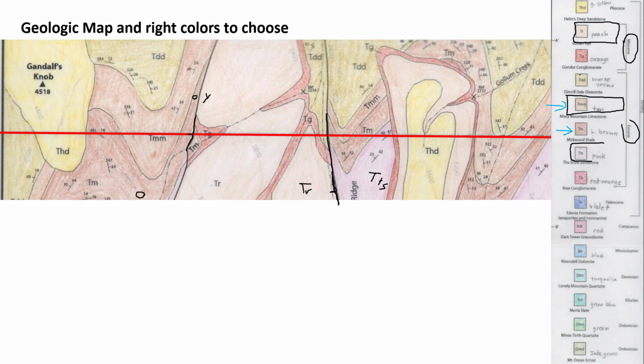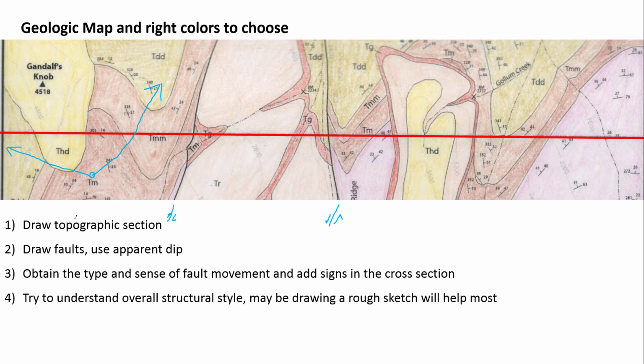The third one is TDD. So you are moving from old to young, right? So this is old, this is young, and this is younger. If you put a 1, 2, 3, the core is older for sure. You have a big anticline here.